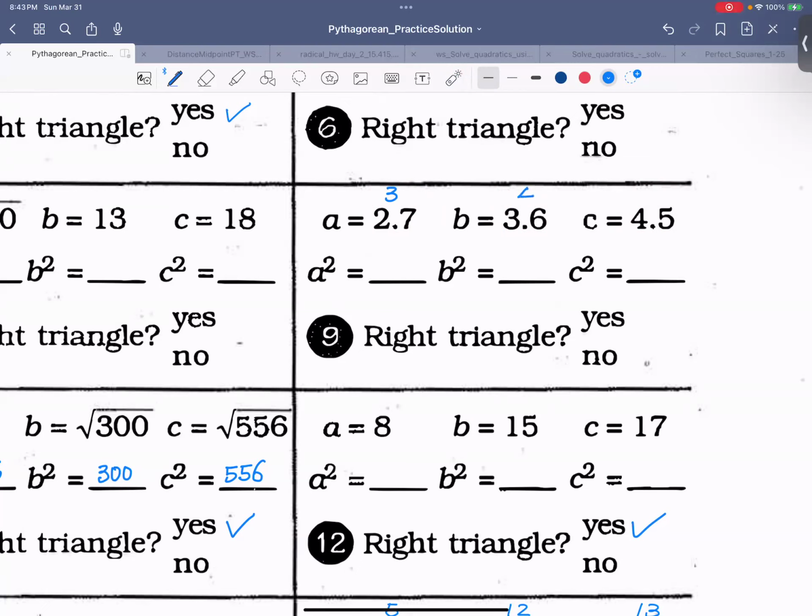This divided by 0.9 is 4, right? This divided by 0.9 is 5, yes? So it's a right triangle, right? 3, 4, 5 times 0.9 is still.